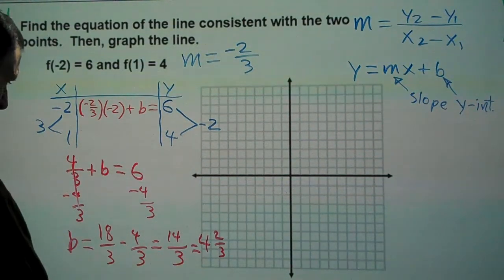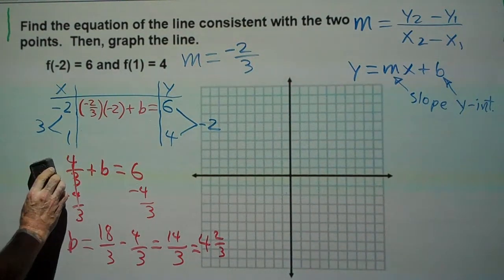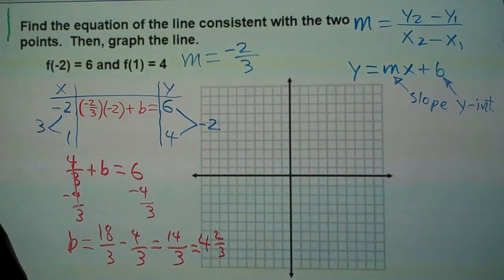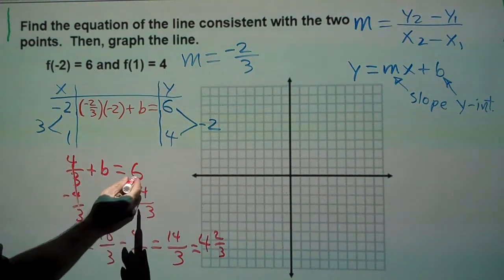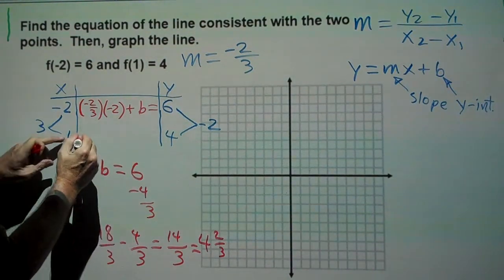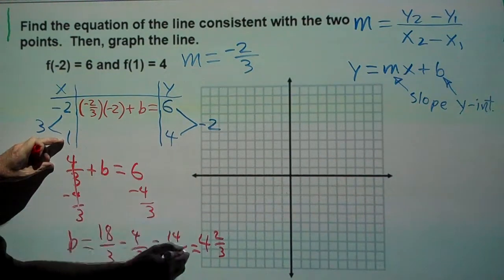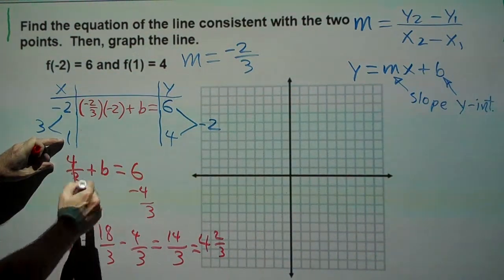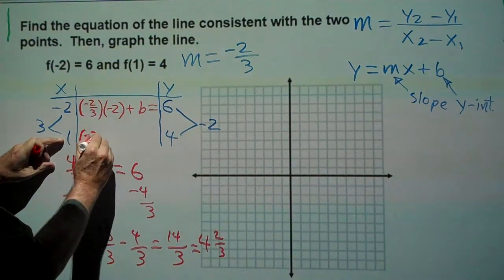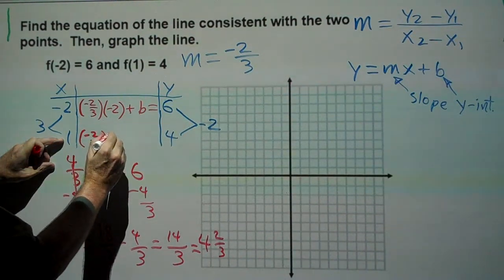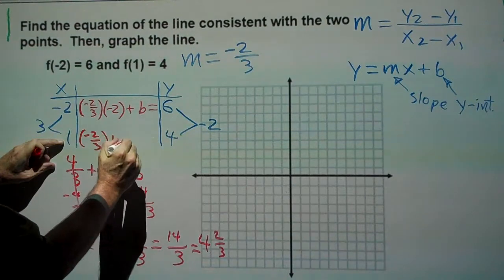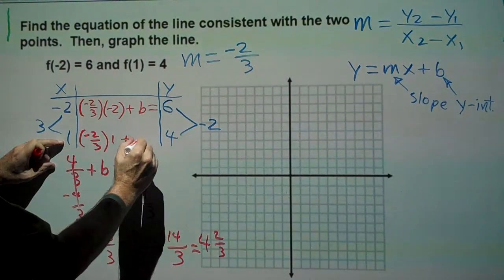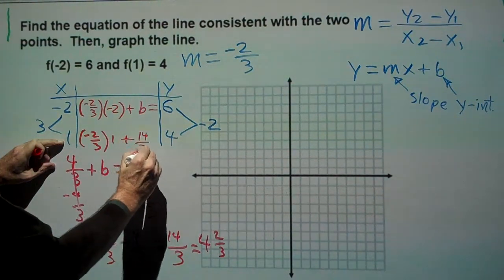And so according to what we've found so far, let's go ahead and check this out. Second point first. We plug in negative 2/3 times 1 plus b, which is 14/3.